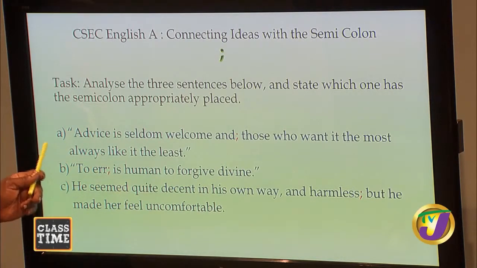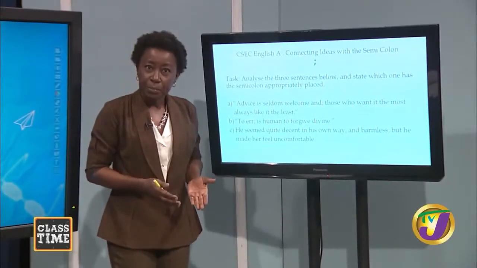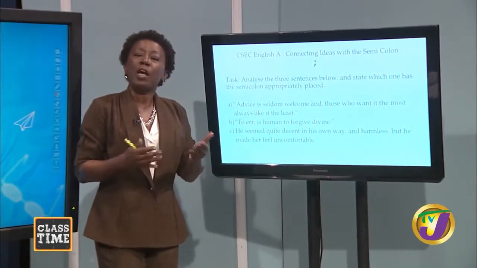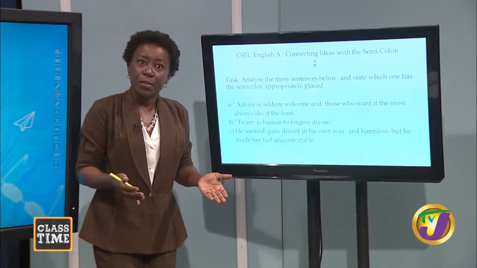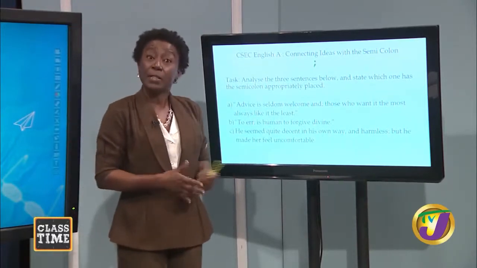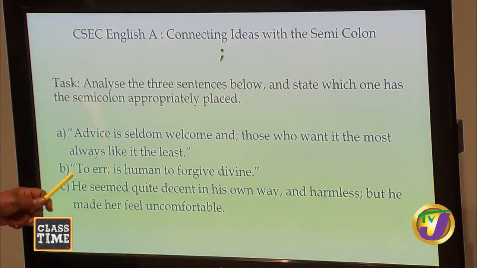And we also looked at these two, and we want to also spot the problem. Because if you do not know when to use a semicolon wrongly, you will not be able to avoid the pitfalls. So we are looking at some examples where the semicolon is in the wrong place. Okay then, for B, this part is just a phrase.